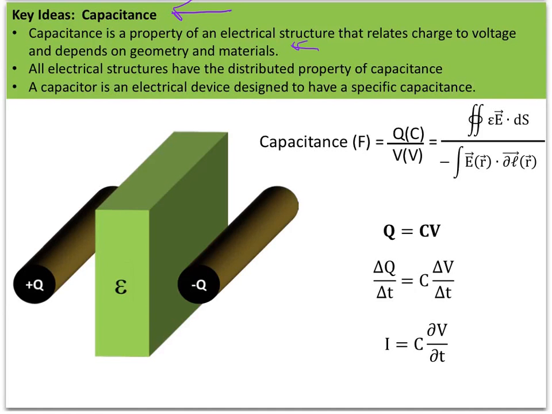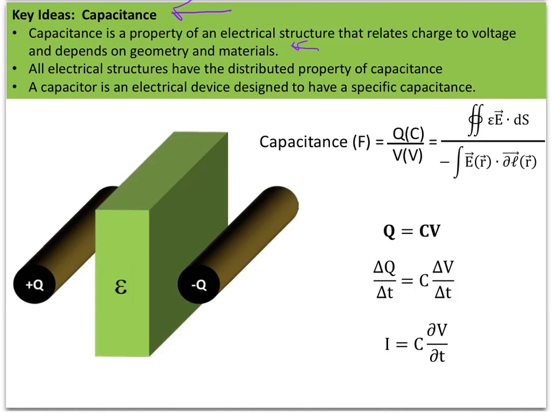And so all electrical structures that have conducting elements and dielectric elements, which can include air or vacuum, have this distributed property of capacitance. And capacitance is very different than a capacitor. A capacitor is an electrical device that's designed to have a specific capacitance, while any conducting structure is going to have some sort of capacitance whether you want it to or not.